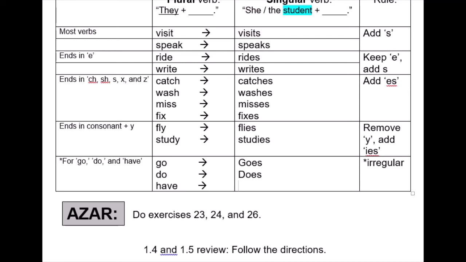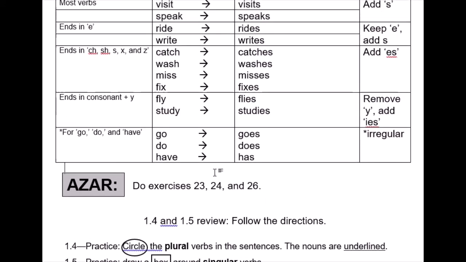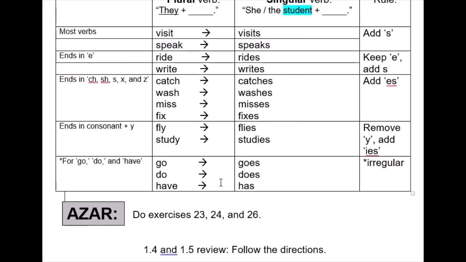And they have, she has. So you know these probably, but remember they're irregular and you just need to remember it. In Azar, easy practice is exercise 23, 24, and 26. And we will do some extra practice.